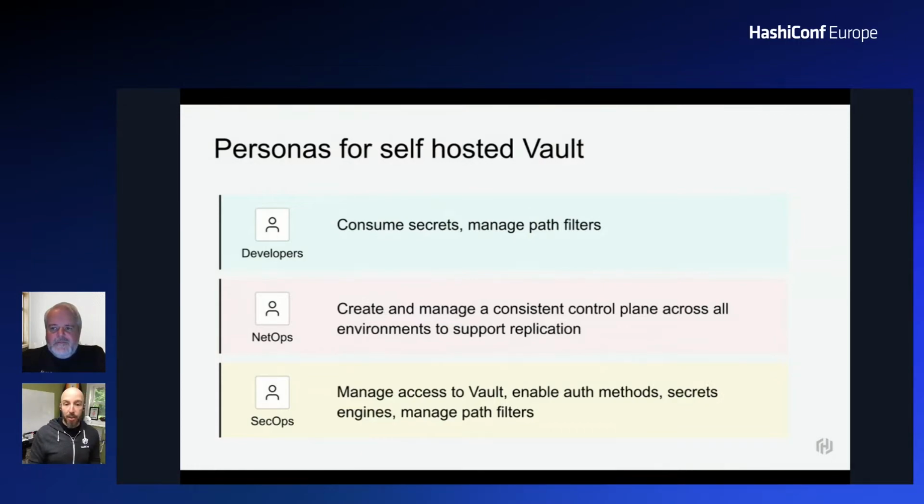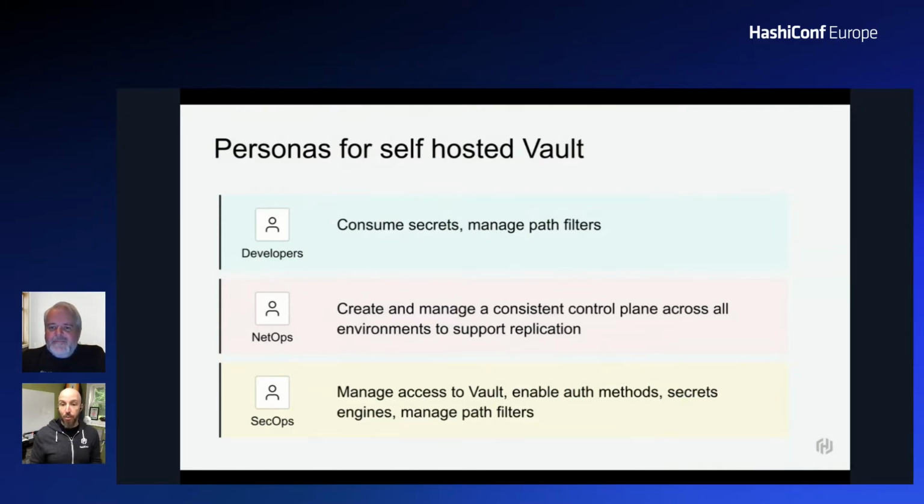So you think about your self-hosted clusters, you may have some group of developers working on applications that need to consume secrets. In a production environment, maybe they're managing path filters. Your SecOps team also might be managing that. When you think about replication, especially over long distances, you've probably got to involve a network operations team to consider latency so that your replication is working as expected.